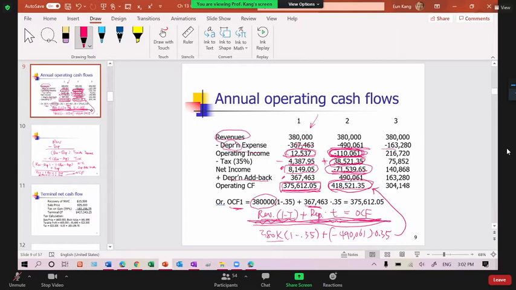We just take after-tax revenue, for example 380K times (1 minus t), plus depreciation times the tax rate.